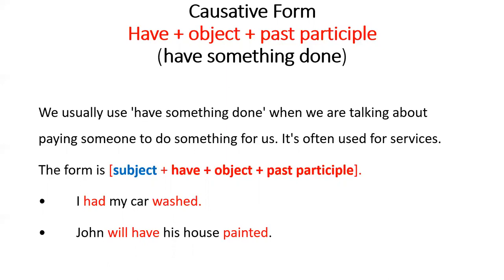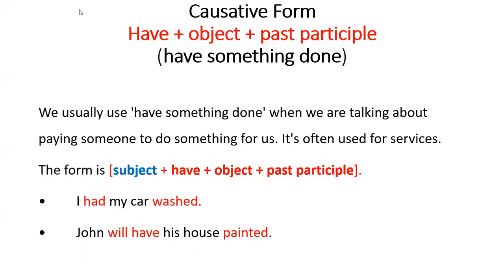Have is the verb, something is the object, and done is the main verb in the past participle. So we usually use have something done when we are talking about paying someone to do something for us. It's often used for services. The form is subject plus have plus object plus past participle.